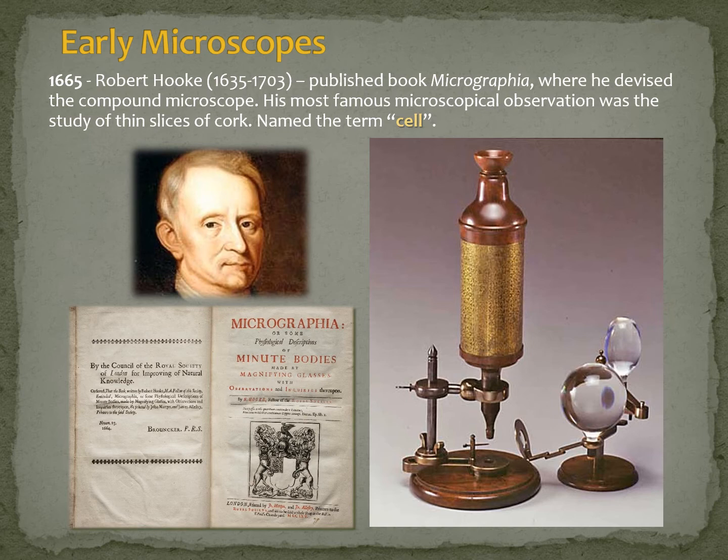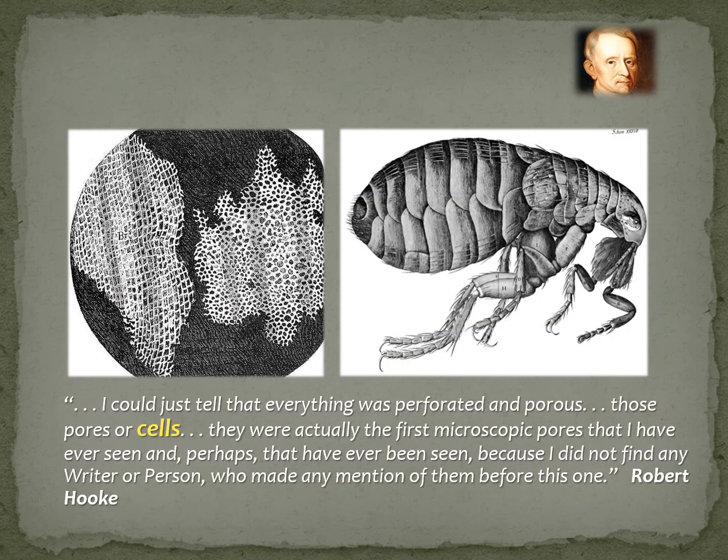He observed insects, and he described many structures, but he really became famous because he coined the term cell, and it was published in his famous book called Micrographia. In that book you could read that when he was observing slices of cork, he noticed that everything was perforated and porous, and those pores he called cells, a term that stayed up until today.